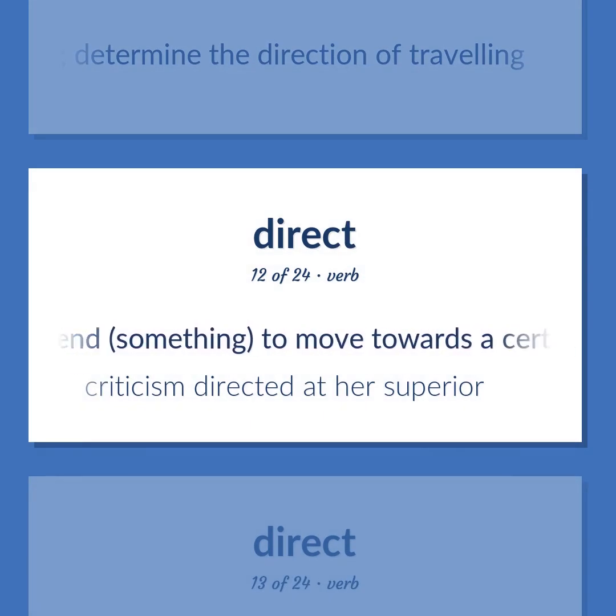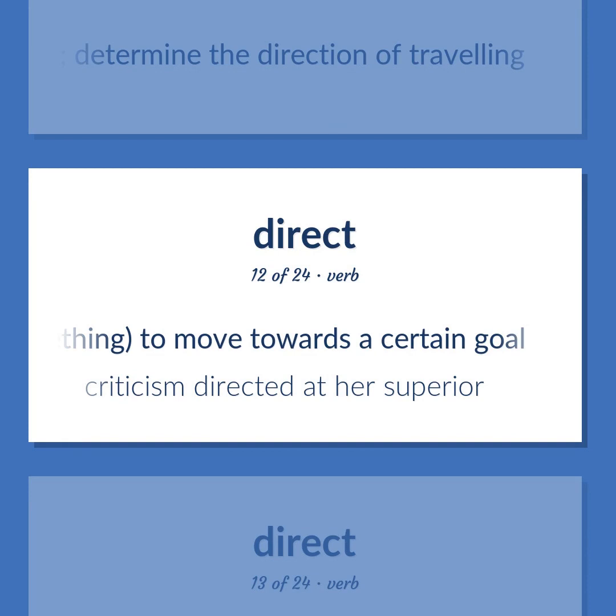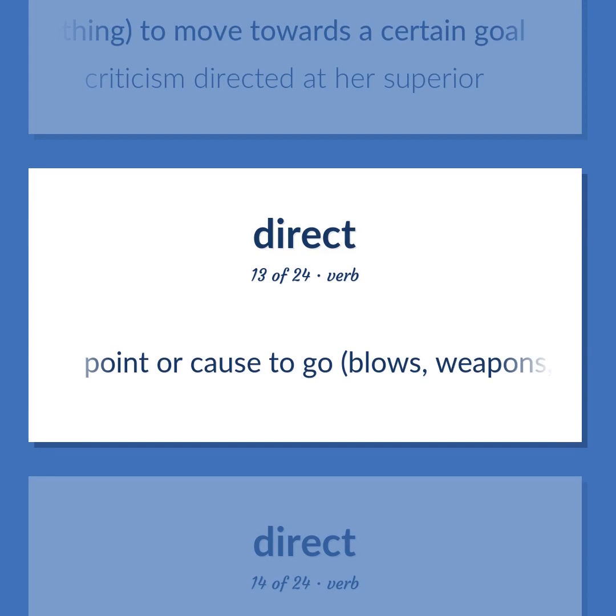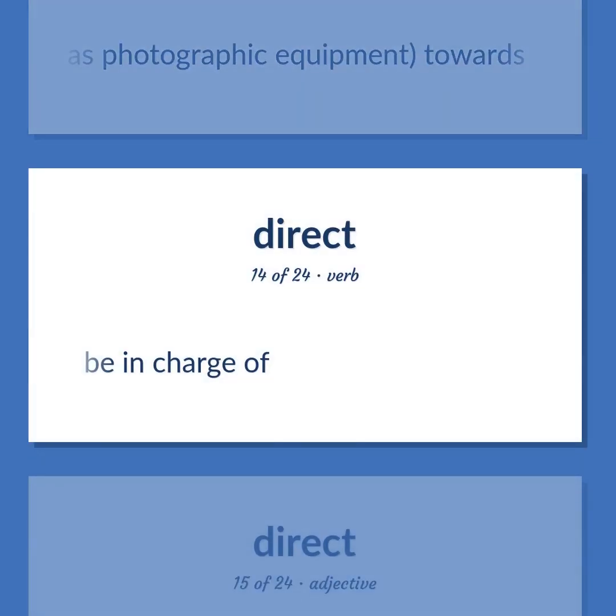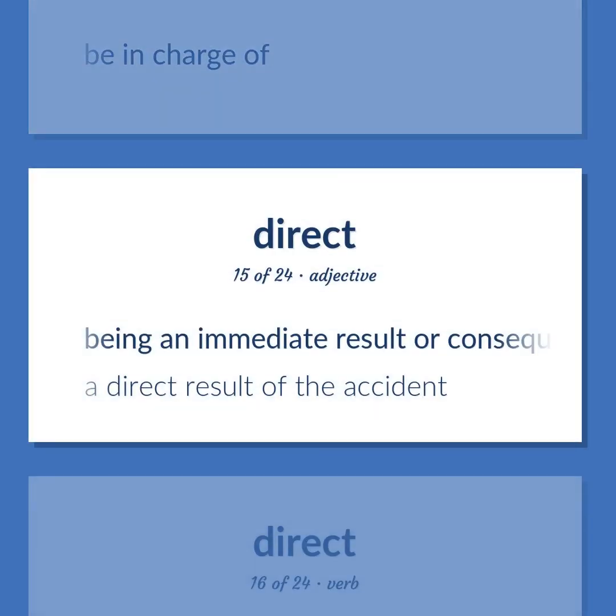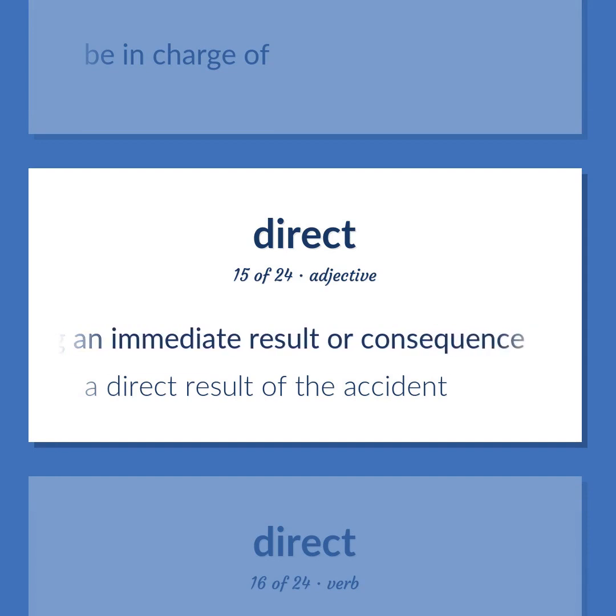Intend something, to move towards a certain goal. Criticism directed at her superior. Point or cause to go, blows, weapons, or objects such as photographic equipment, towards. Be in charge of. Being an immediate result or consequence. A direct result of the accident.